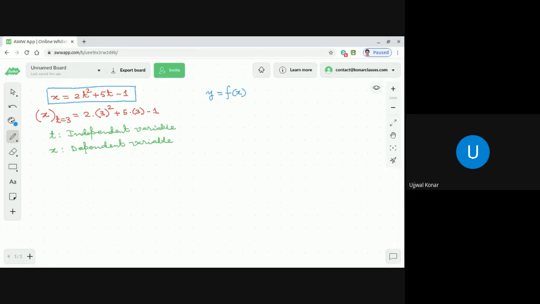In simple terms, the rate of change of x with respect to the rate of change of t. In terms of y equal to f(x), it is the rate of change of y with respect to the rate of change of x that we are actually looking for.